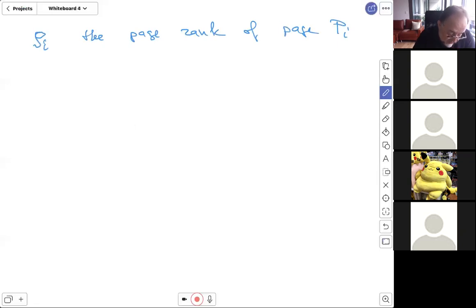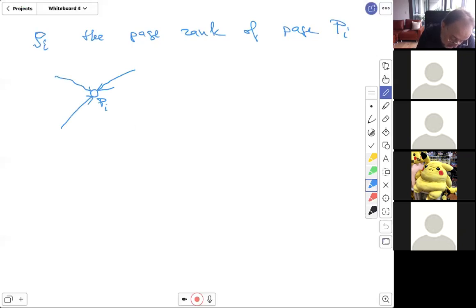Then you would want the property that the rank rho i is large just in case page Pi is pointed at by a considerable number of other pages, let's call them Pj1, Pj2, Pj3, all the way to Pjk.